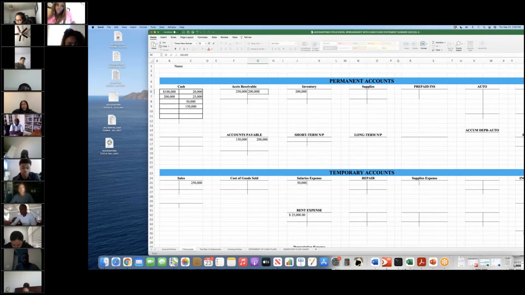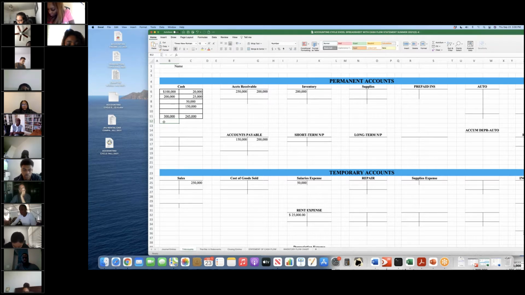So now we have journalized and posted all of these transactions, and we're ready to do a trial balance. We're going to start with the cash account and auto sum the debits and credits. The debits are 300,000, the credits are 245,000.